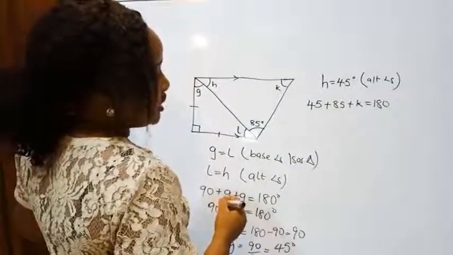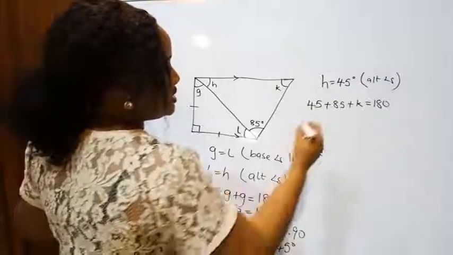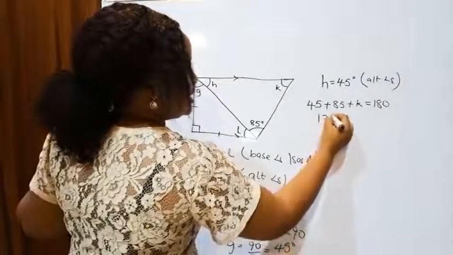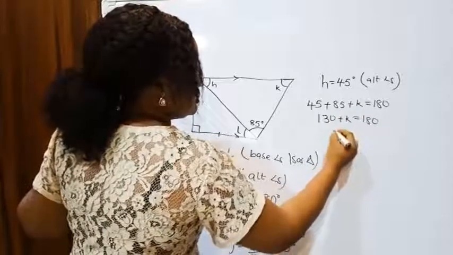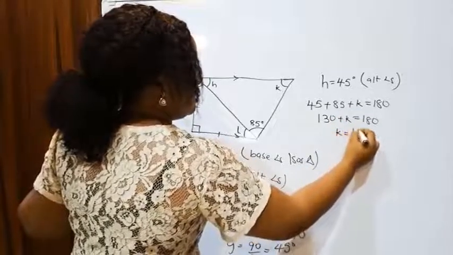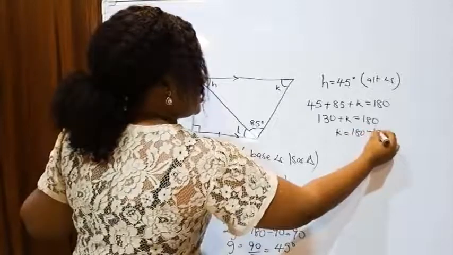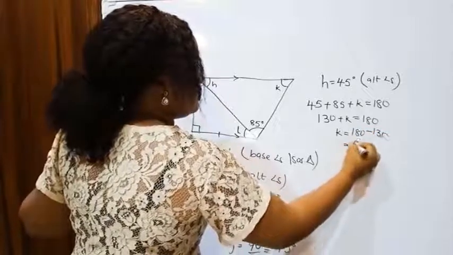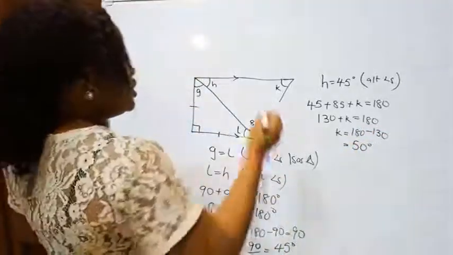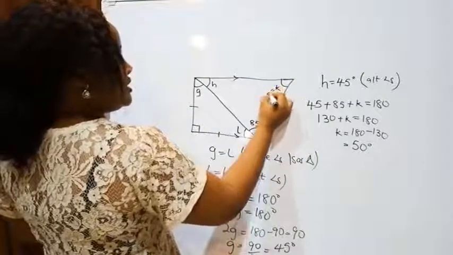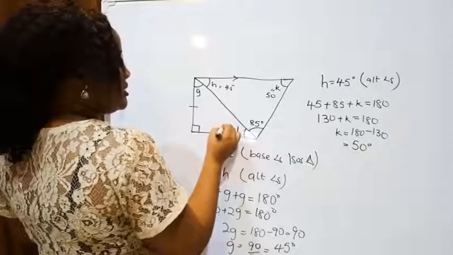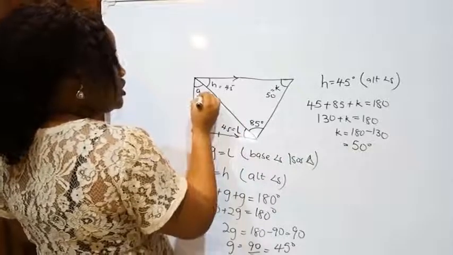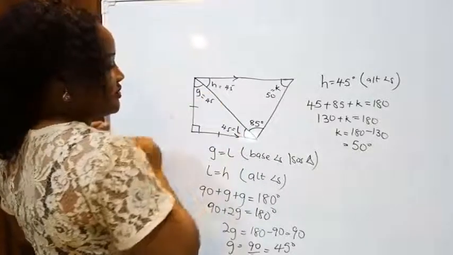Our 45 plus 85 will give us 130 plus K equals 180. So K equals 180 minus 130, and it gives us 50 degrees. So we have our K to be 50, we have our H to be 45, L 45, G 45.